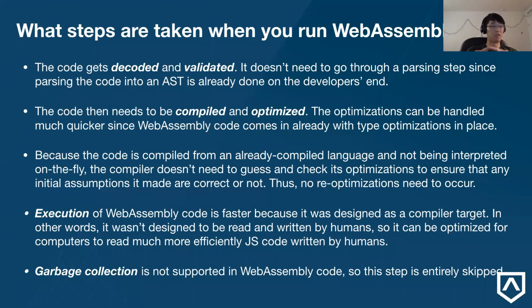Rust has a very different way of handling garbage collection. I'm not going to get into that. That's kind of a deep rabbit hole. But suffice it to say that Rust basically handles its own garbage collection as well. And so Go does have a garbage collector.